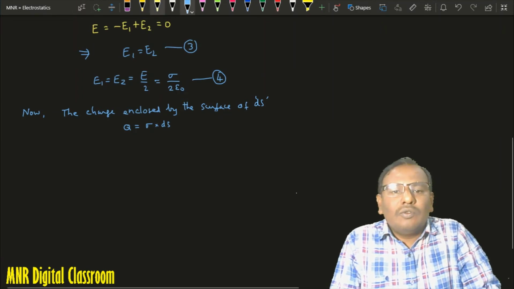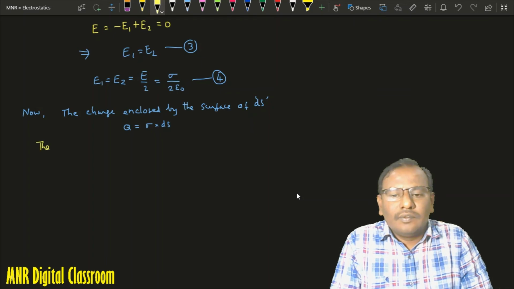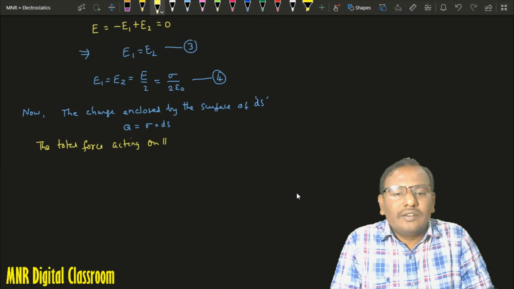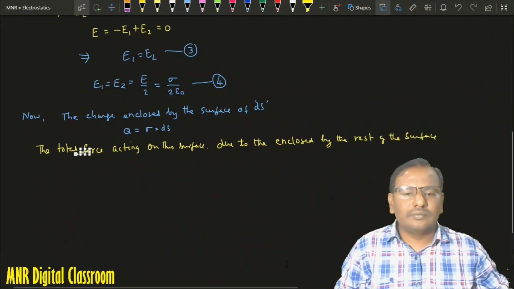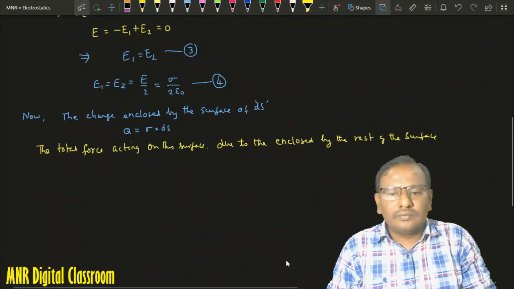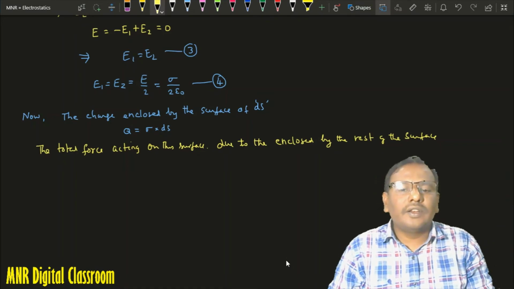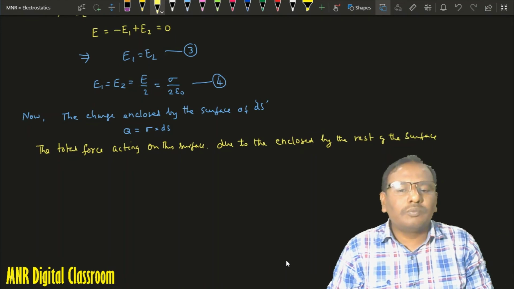Therefore, the total force acting on this surface due to the charge enclosed by the rest of the surface is given by, we know the definition of electric field: electric field is equal to force per unit charge.